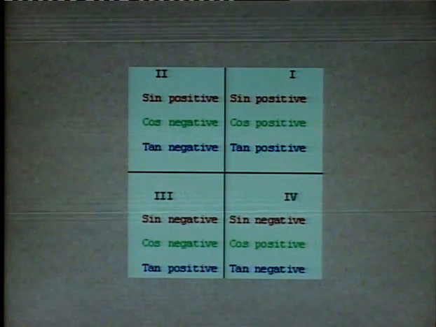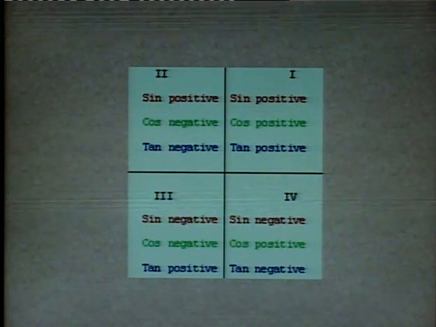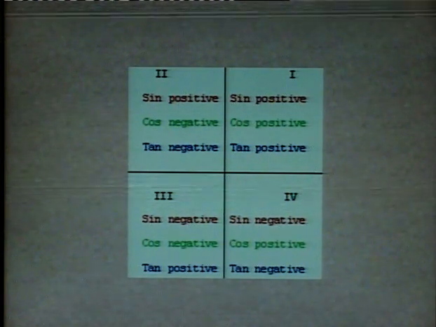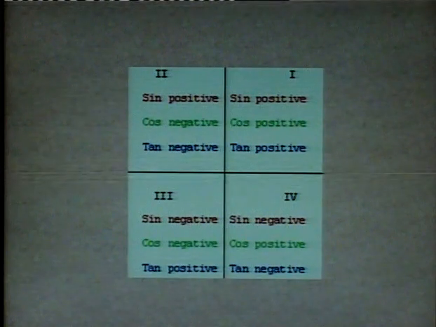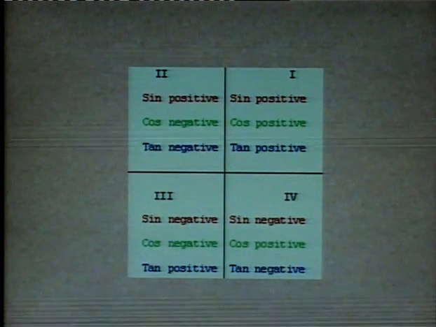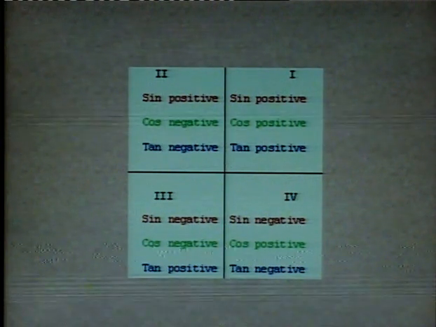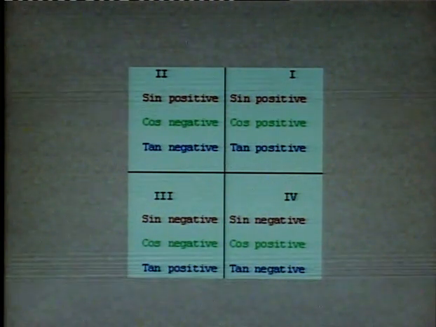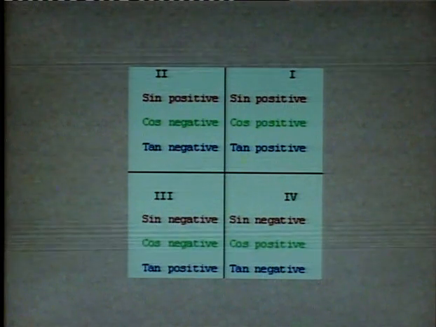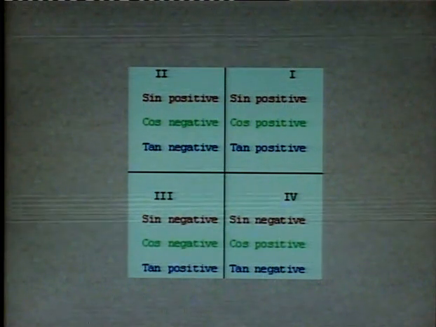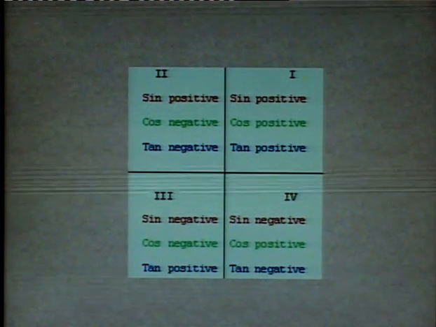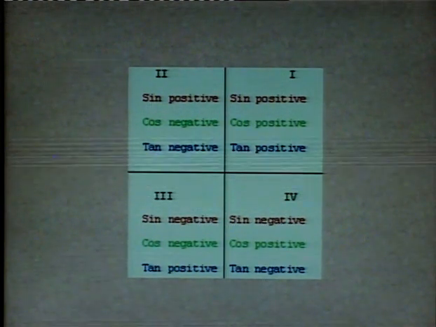So you can take the help of this chart. I am not considering cot, secant and cosecant, because they are the reciprocals of these three quantities. So that is the same thing. If tan is positive, obviously cot has to be positive, and if it is negative, then cotangent has to be negative, and so on.